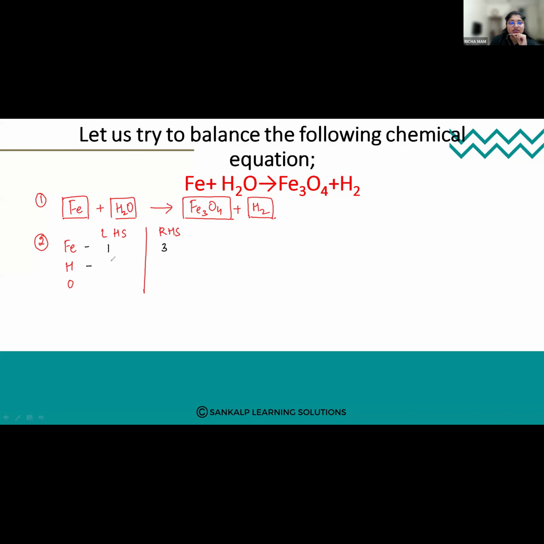Hydrogen: here there are 2 hydrogens on the left hand side, 2 hydrogens on the right hand side. Next is oxygen. One oxygen atom on the left hand side, and on the right hand side there are 4 oxygen atoms. So this is our second step. We have seen step 1, then step 2. Next is our step 3.